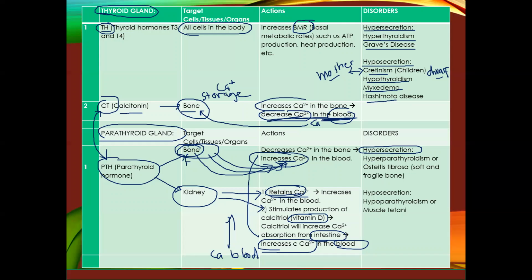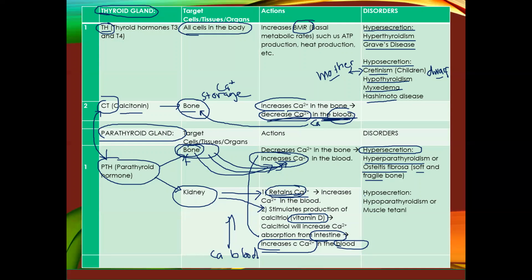So this is what we call hyperparathyroidism or osteitis fibrosa, in which the bones become soft and fragile because so much calcium is taken from this bone. Again, it's very logical.